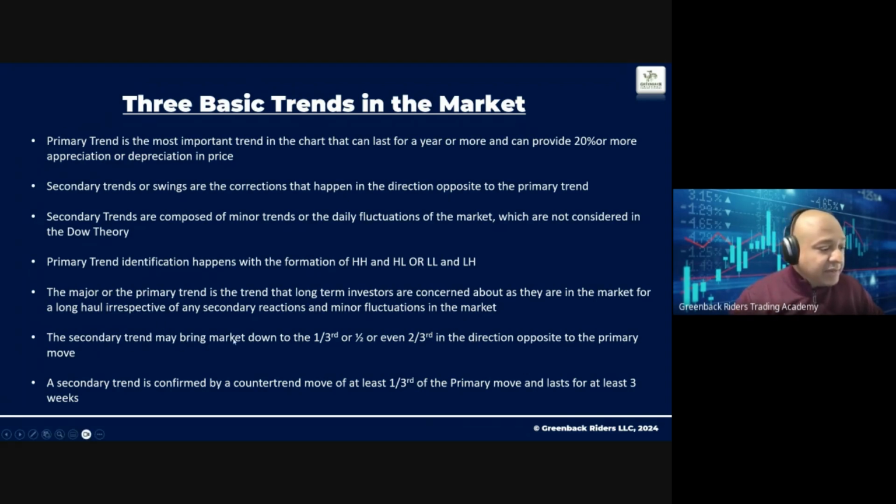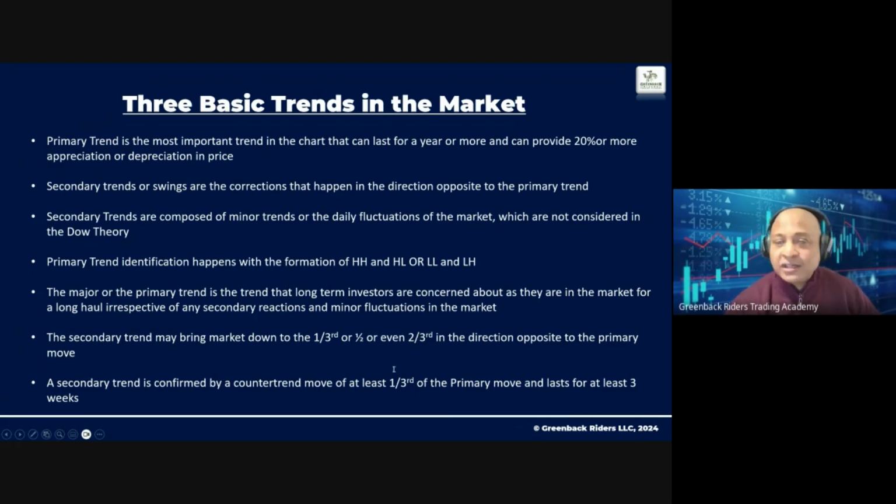The secondary trend may bring the market down to one third or half or even two-thirds in the direction opposite to the primary move. These look familiar. 33%, 50%, 66%. Right? So the pullbacks can come down to 33%, 50%, or 66% of the whole thing, and the secondary trend lasts for around 3 weeks or more.